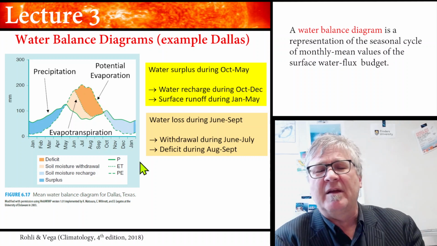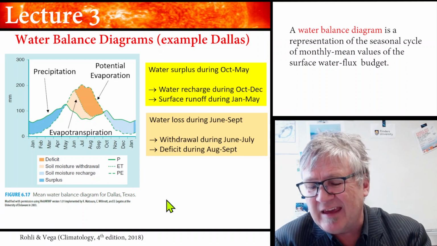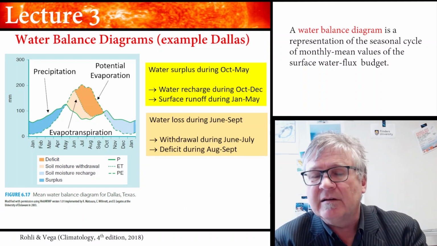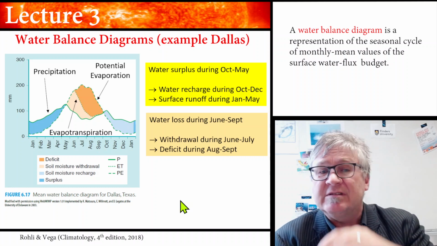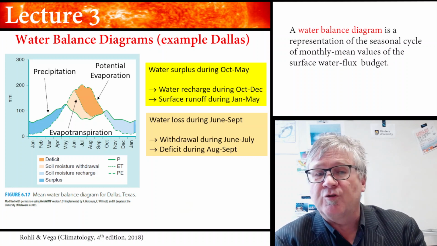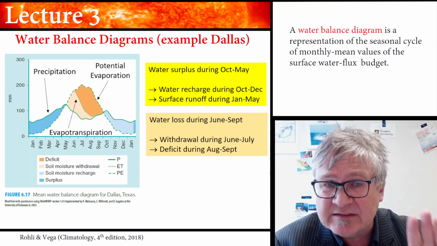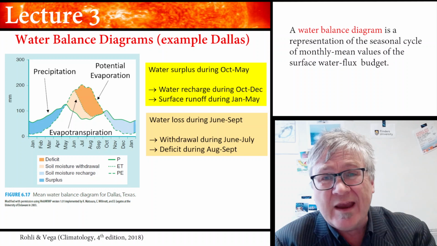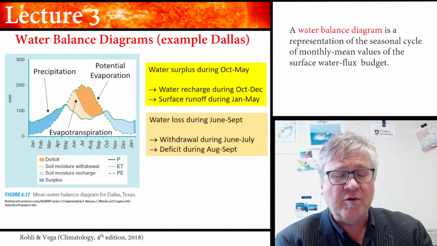I probably forgot to mention that the maximum humidity that you can take up in the air is a strong function of the temperature. So temperature has a big control on that potential evaporation. Plus, as I said before, it's the wind speed. You need the wind as a medium to induce the evaporation.